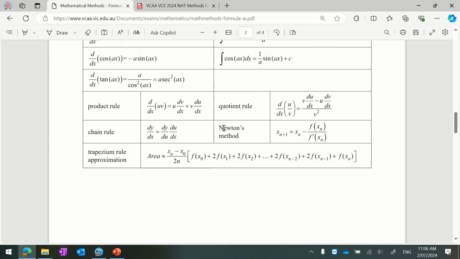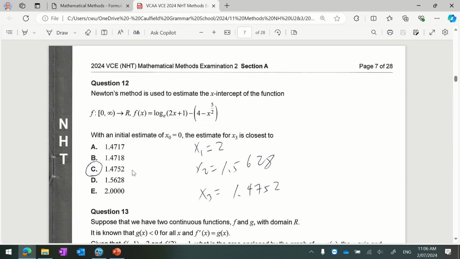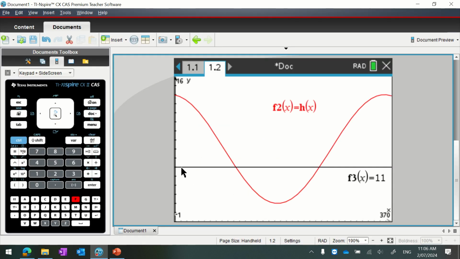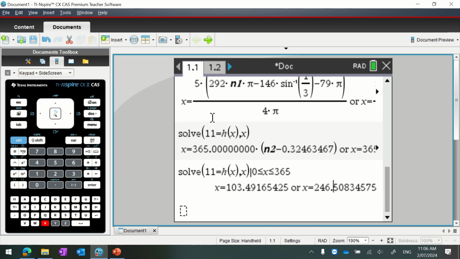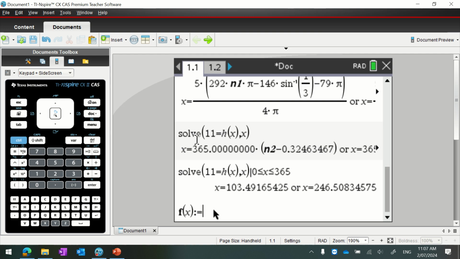Again, just in case you forget, the formula for Newton's method is on the formula sheet. Usually I do this. You could have defined this on your calculator before you go into the exam. But to me, it's quick enough, so it doesn't really bother me if you don't.